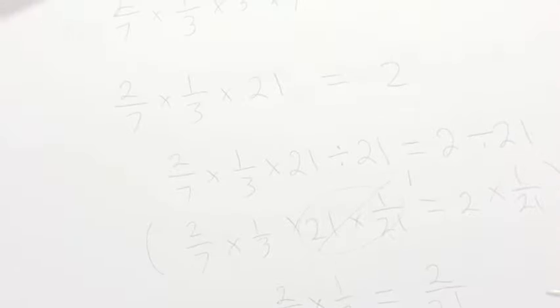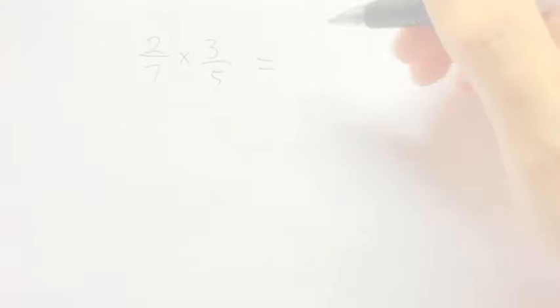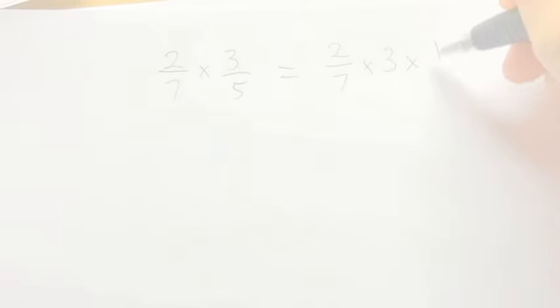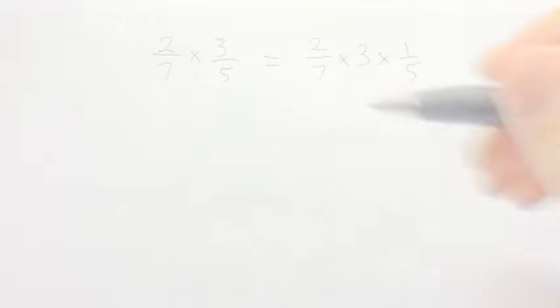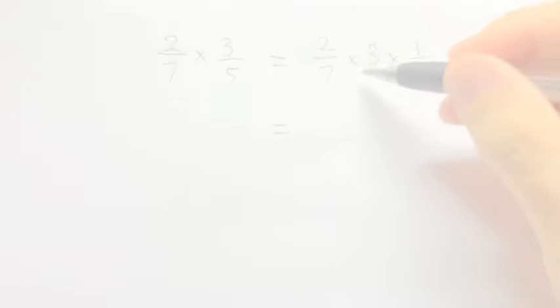Okay, and we can use this now with the other one to figure out how to multiply two fractions together. So say you had 2 over 7 times 3 over 5. That's actually the same as 2 over 7 times 3 times 1 over 5. And so we know what to do with these now.